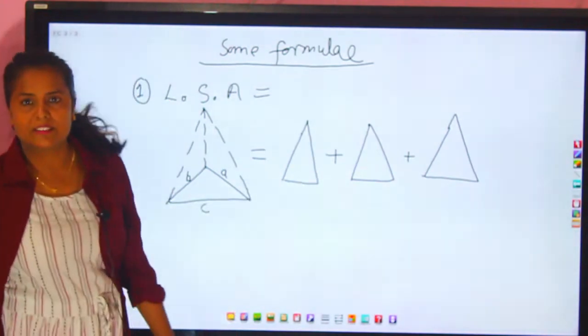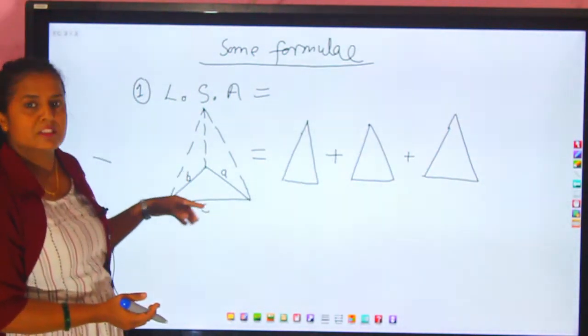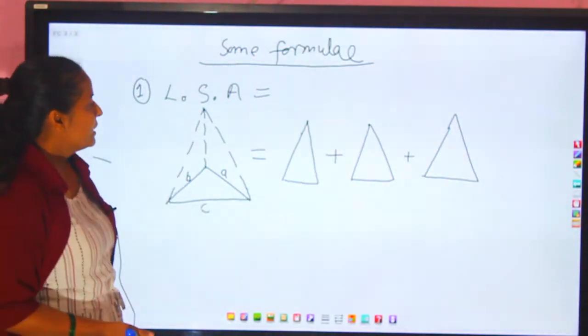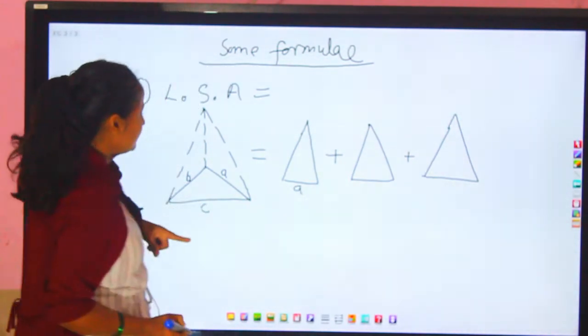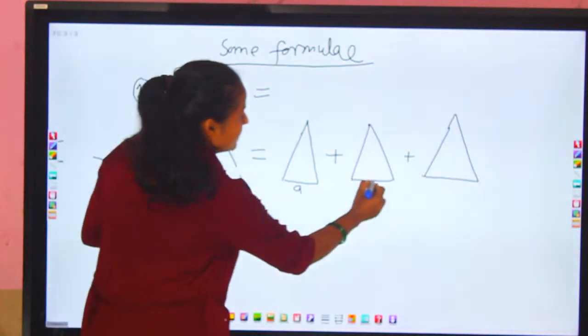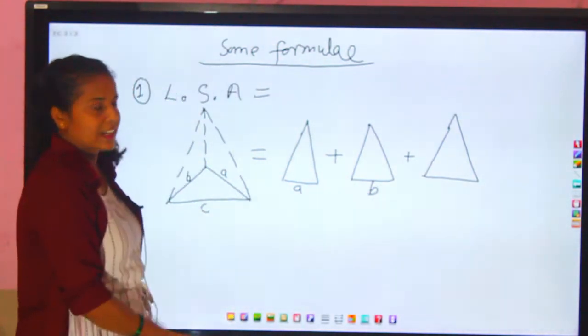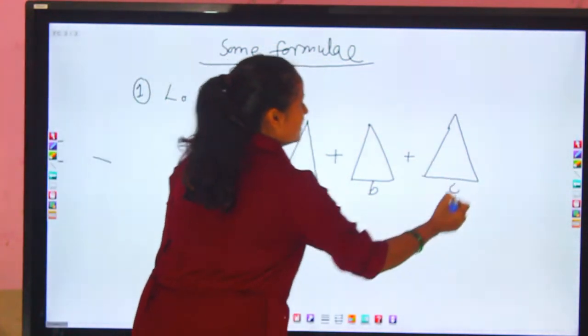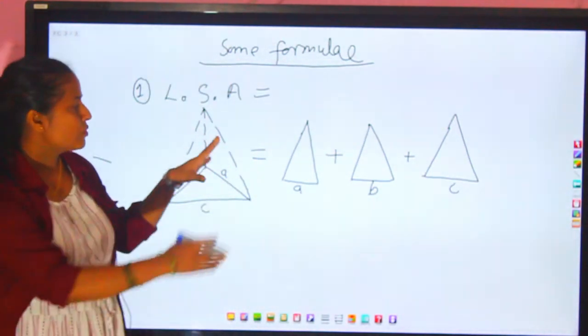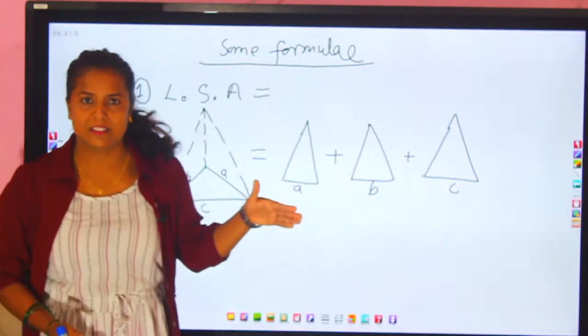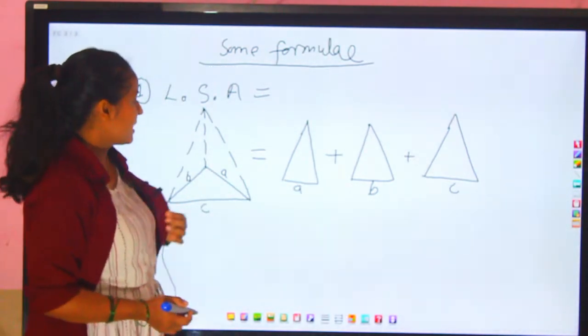These are the lateral faces, 3 lateral faces because it is a triangular pyramid. The length of one side is A, another side is B, another side is C. For the lateral surface area we need to find the area of these 3 triangles.